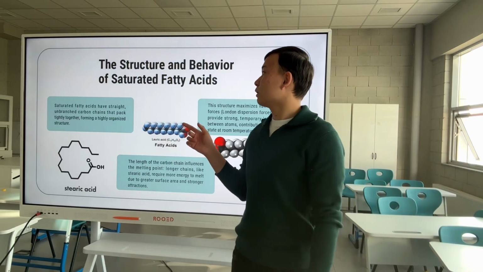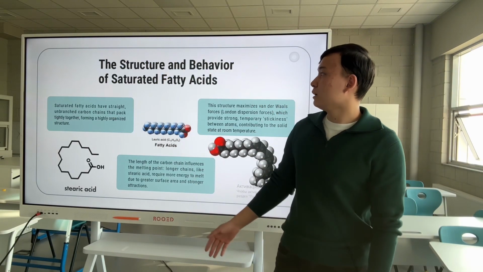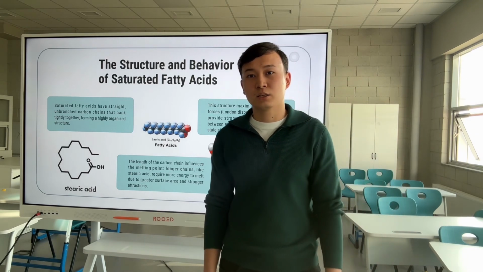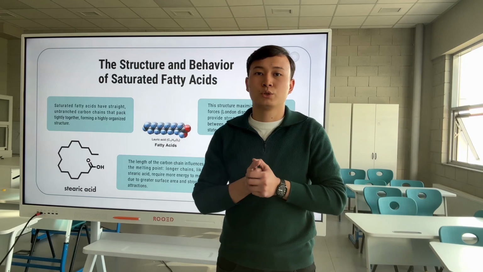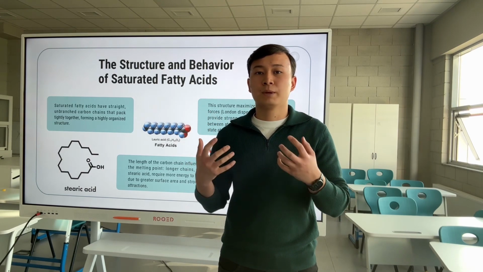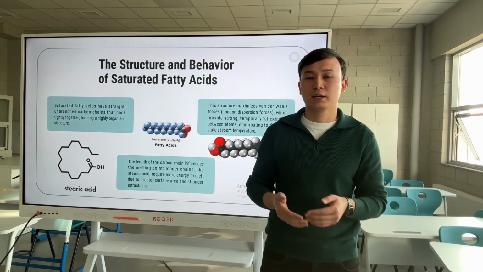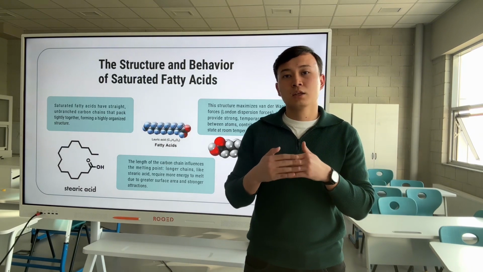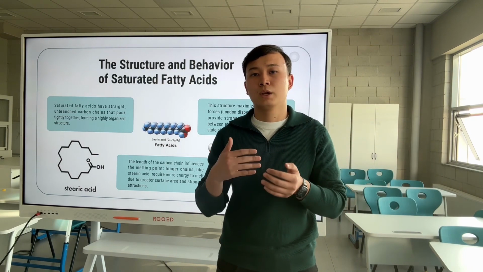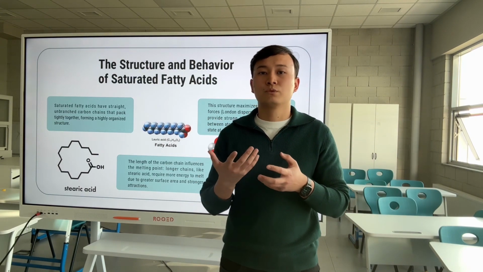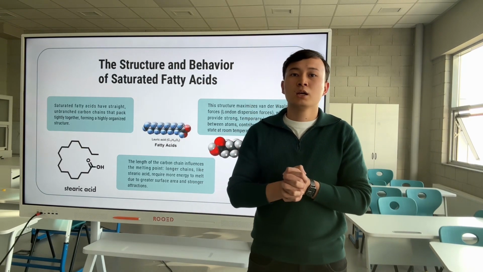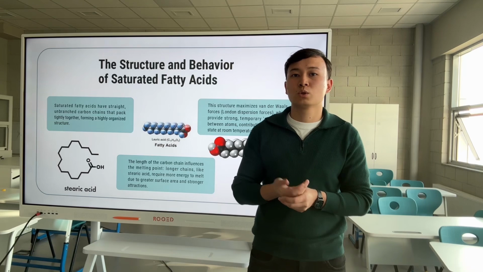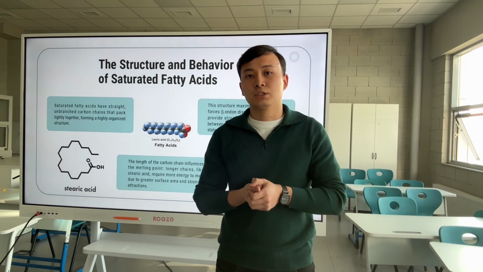In this part, we talk about the structure and the behavior of saturated fatty acids. Saturated fatty acids have straight chains that allow them to pack tightly, forming neat, organized structures like a stack of pencils. These arrangements maximize weak London dispersion forces between atoms, creating a strong overall attraction. So that's why saturated fats are solid at room temperature.